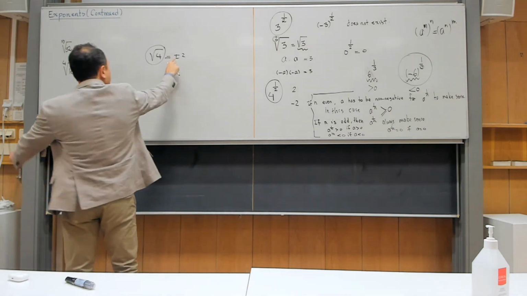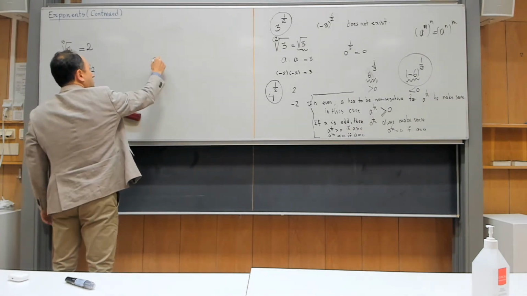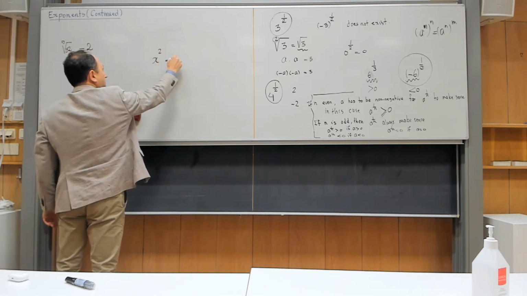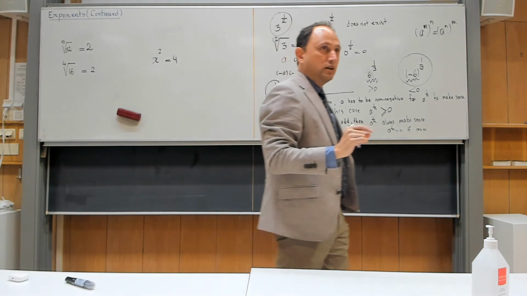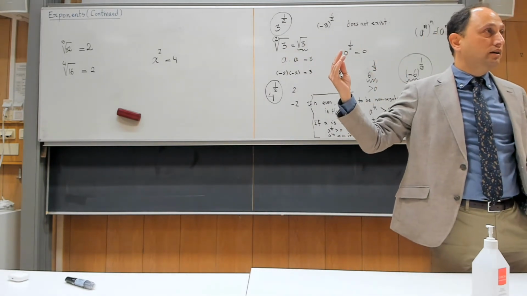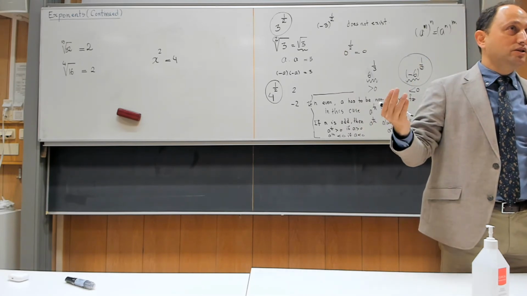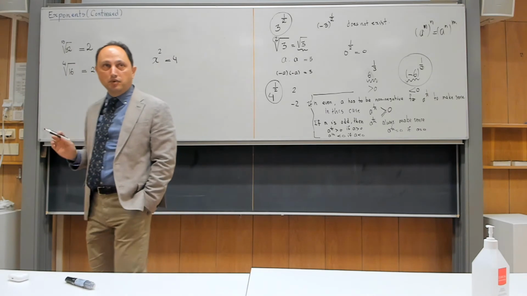They confuse this with something else. Let me just describe it for you here. If I ask you to solve this, find possible values for x so that x squared is 4, then how many answers are there? 2. -2 and +2. It doesn't mean that the square root of 4 is plus and minus.